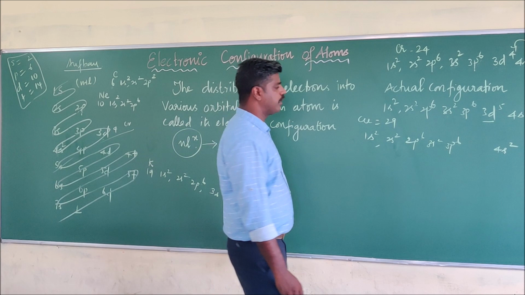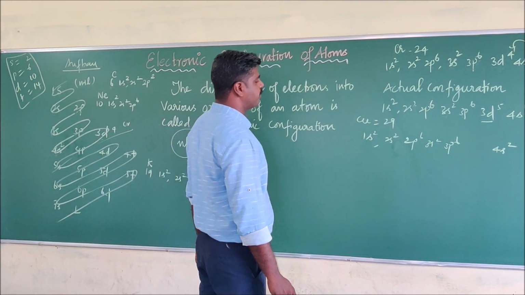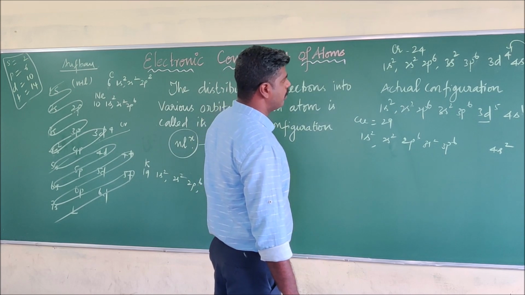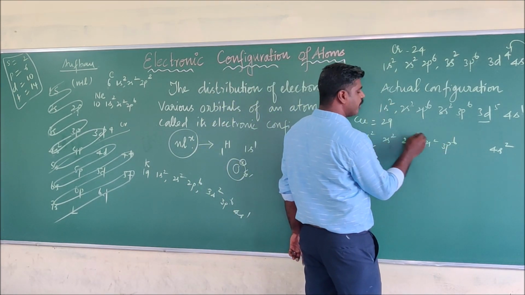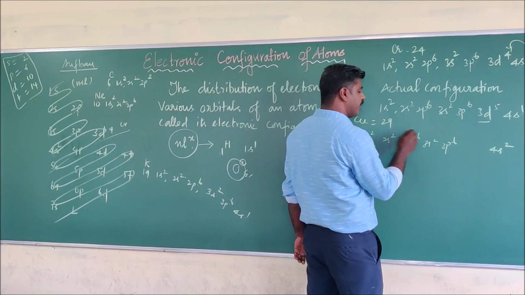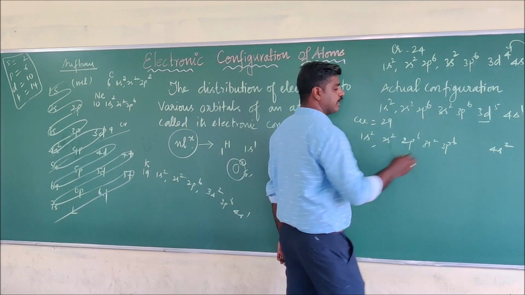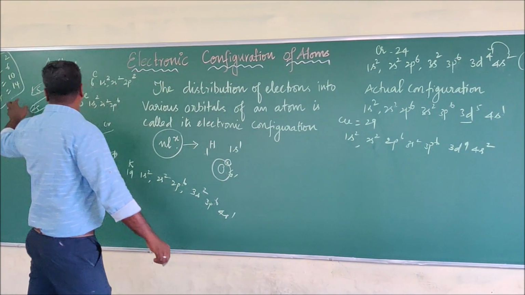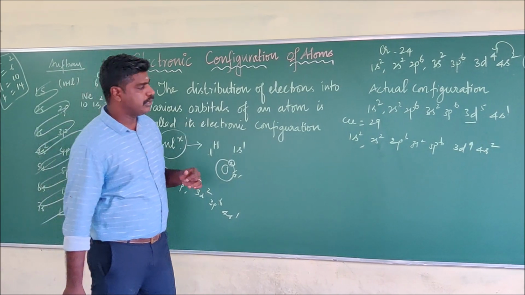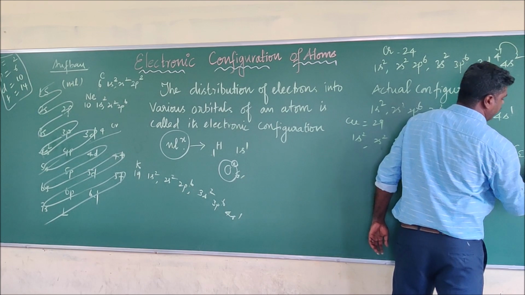The remaining 9 electrons, so I can put 3d9 because d has a maximum of 10 electrons. So this is the expected electronic configuration with the help of Hund's principle.